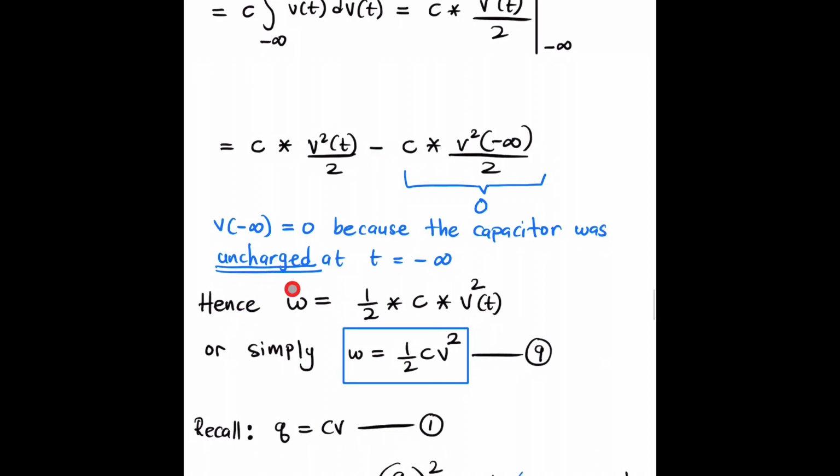Hence, the energy is equal to some constant, which is 0.5, half, times the capacitance times the voltage squared, or simply W equals half CV squared, and this is equation 9.